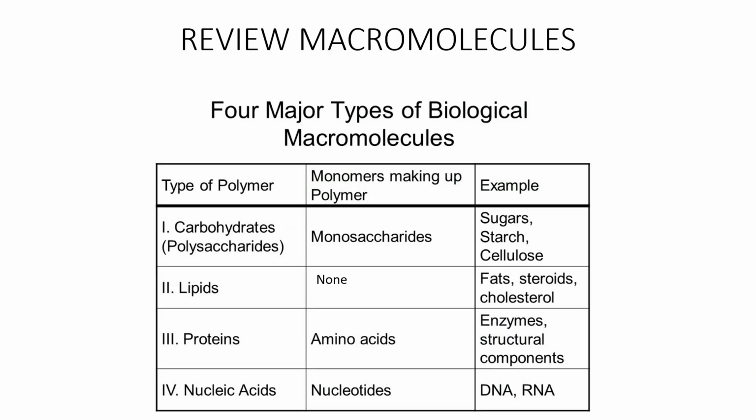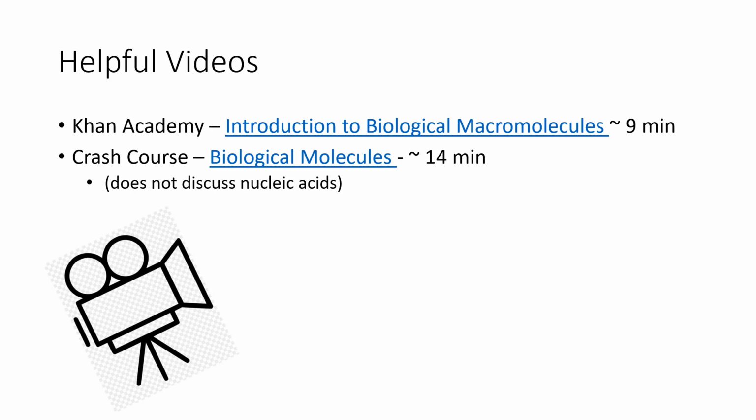And this is the summary of the 4 types of macromolecules and their monomers and some examples. So this would be a really good chart to make sure that you could actually create on your own. So that way you don't get too messed up when you're getting those multiple choice questions. There are some videos, so when you're in the PowerPoint, there are some videos that kind of help.